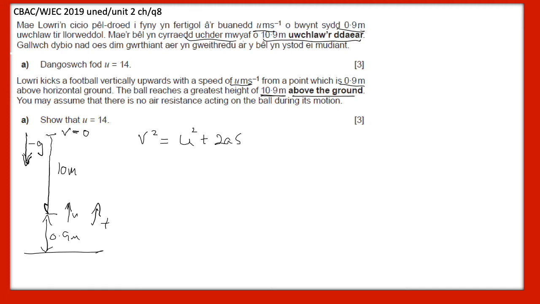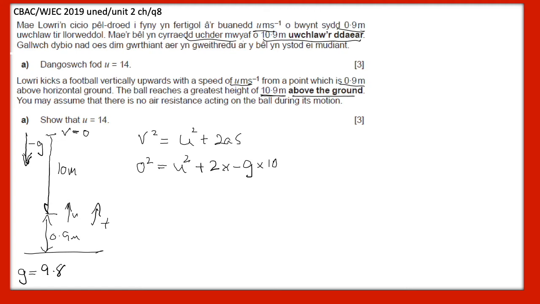S for spatium. So what I've got is 0 squared is equal to u squared plus 2 times minus g times 10. Now, of course, g for a mathematician is 9.8 meters per second squared. Okay, it's an acceleration, that's why I've got a double arrow in there.